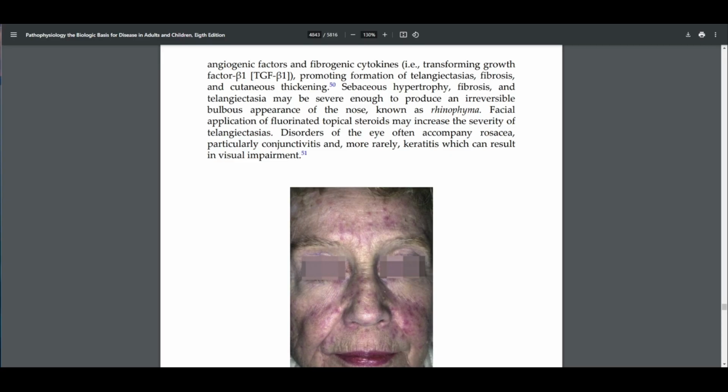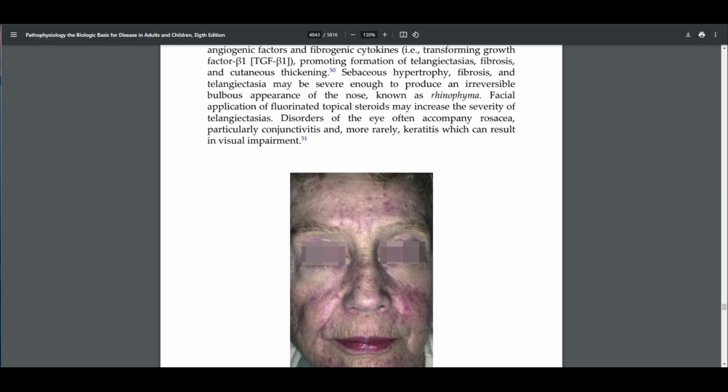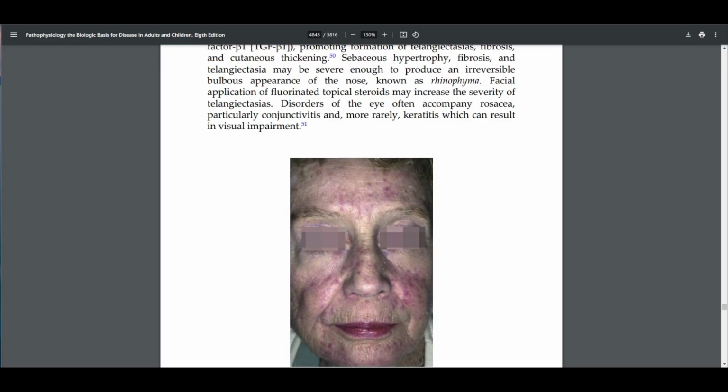Sebaceous hypertrophy, fibrosis, and telangiectasia may be severe enough to produce an irreversible bulbous appearance of the nose known as rhinophyma. Facial application of fluorinated topical steroids may increase the severity of telangiectasias.